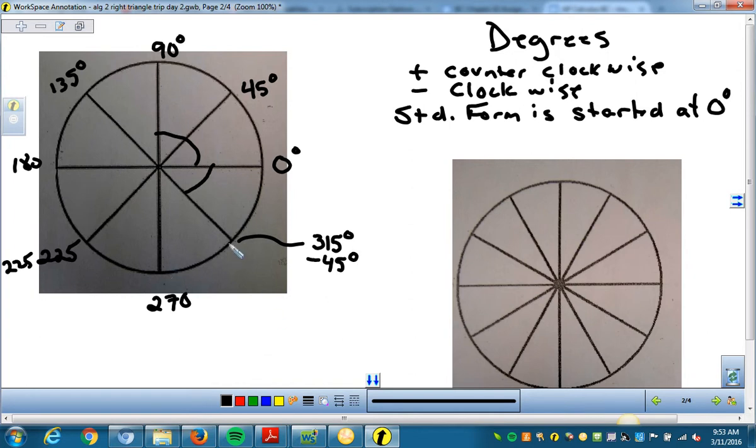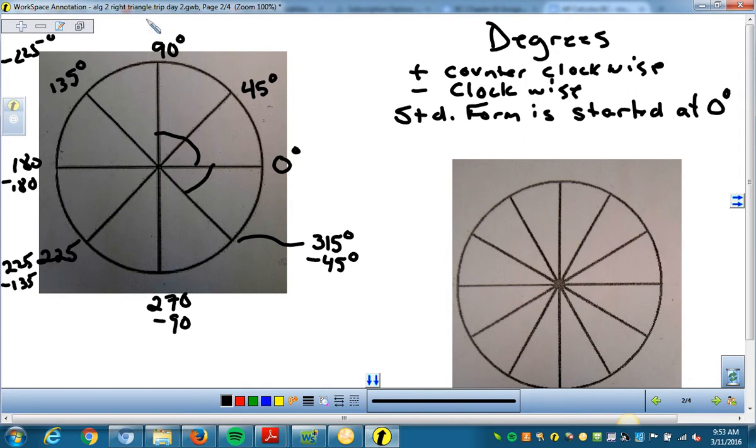Yep, we're going to do that all the way around. So the next one would be negative what? Negative 90. Negative 135. Negative 180. Negative 225. I promise you that these note sheets will be very helpful when it comes to homework time.